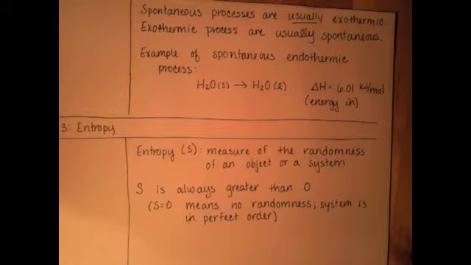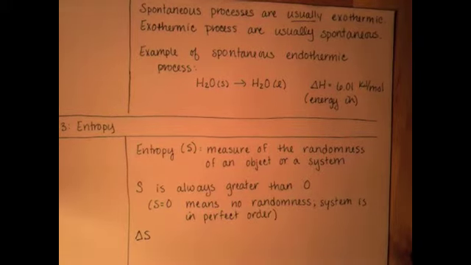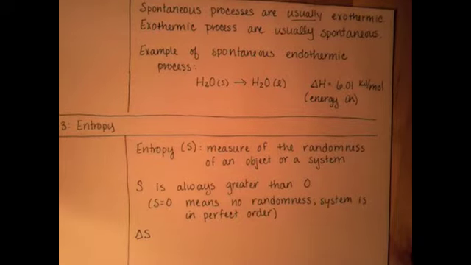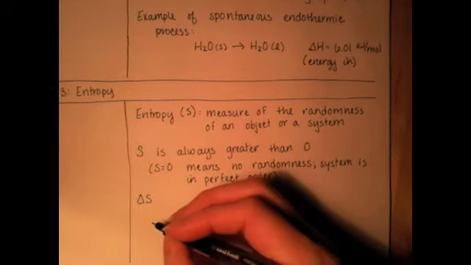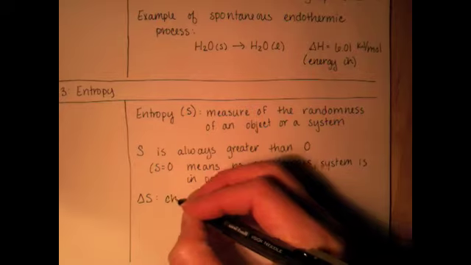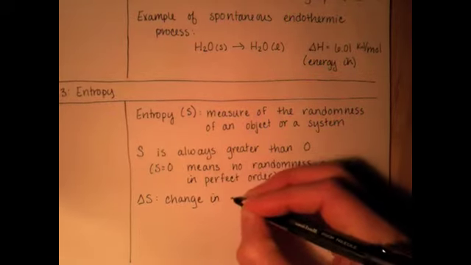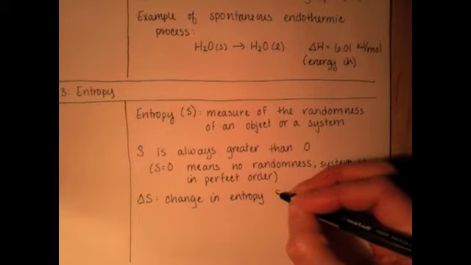Now, the change in entropy, the delta S, can be a positive number or a negative number, or it can be equal to 0. So delta S is the symbol for the change in entropy for a process or a reaction.